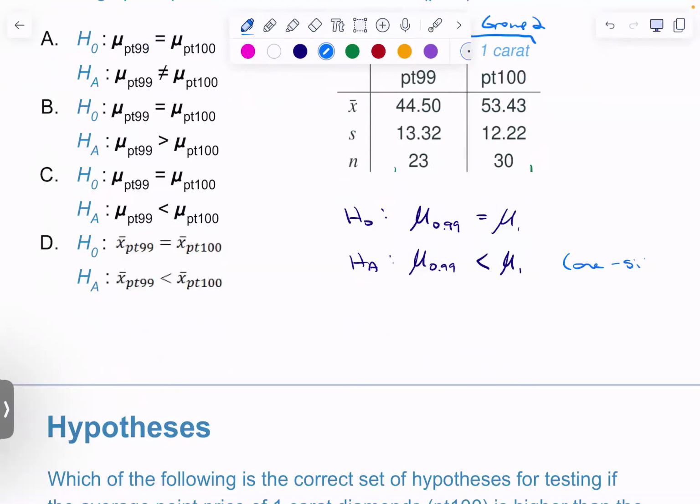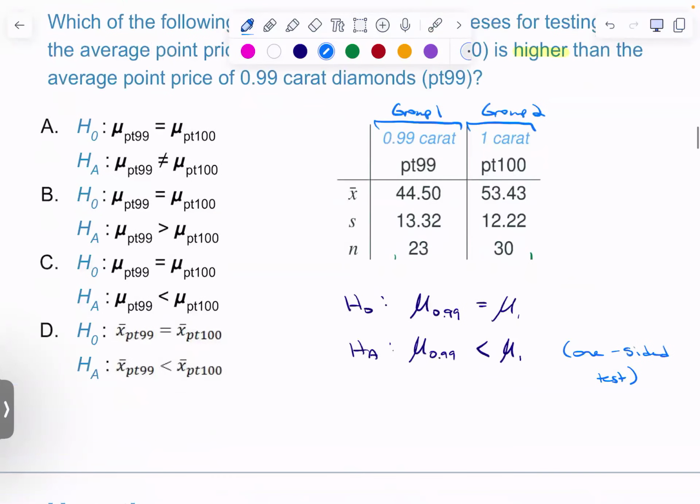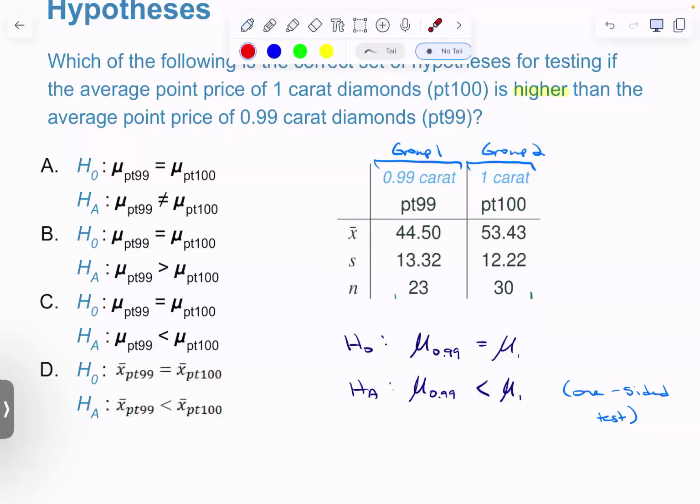It's always nice to remind yourself up here in the alternative hypothesis whether it's a one-sided or two-sided p-value you're looking for much later, because you're only concerned with one extreme. Now you're saying, okay, 44.5 is less than 53.43. That's a fact. But what we want to know is if it's significantly less, and that's what this alternative hypothesis is talking about.